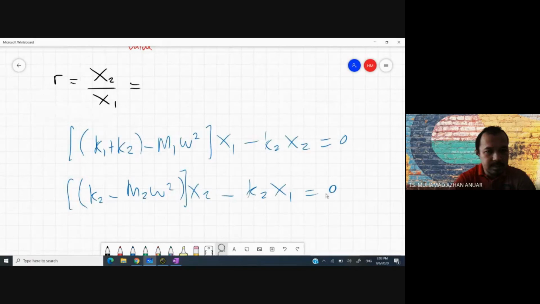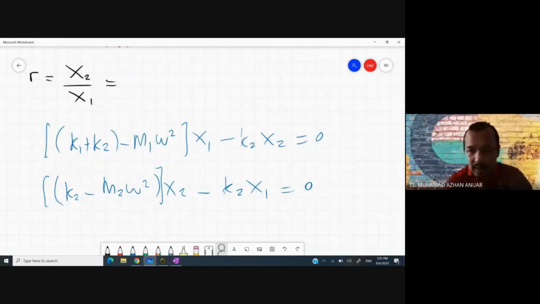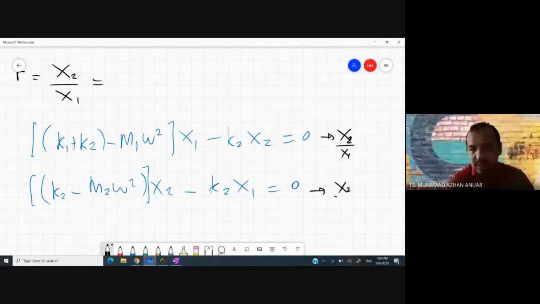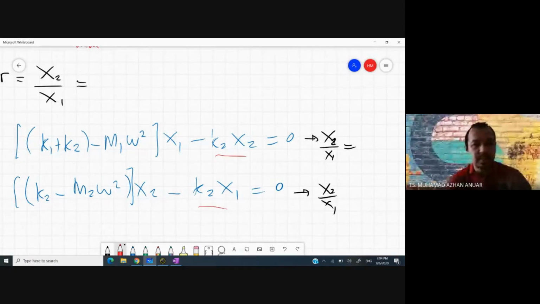From these two equations, we know that in order to get x2 divided by x1, how to get that one? You bring this term to the other side, you get a positive value.